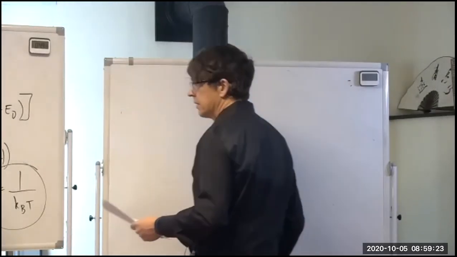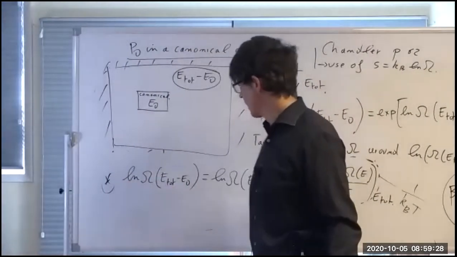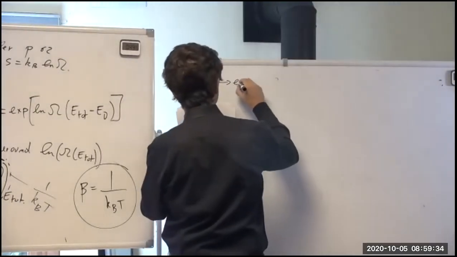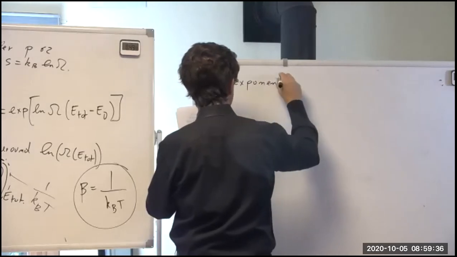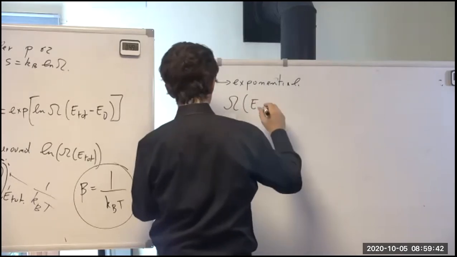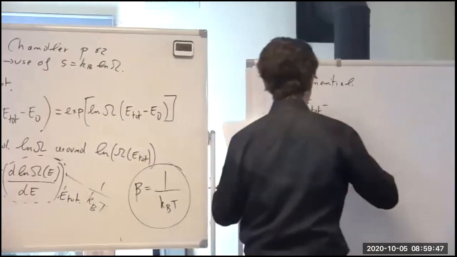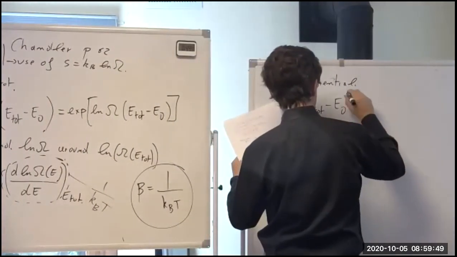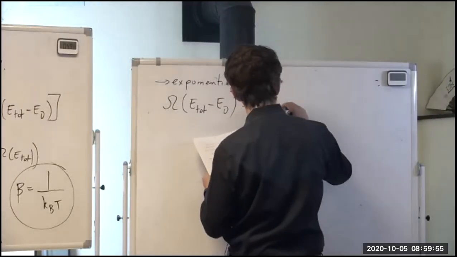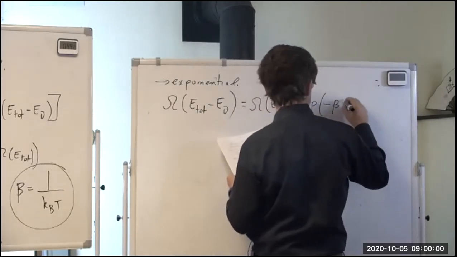So let me now take the exponential of this here, so I can get rid again of the logarithms. And what you get is omega, the number of states of the complement to the subsystem, that are E total minus E nu, is omega of E total times the exponential of minus beta E nu.